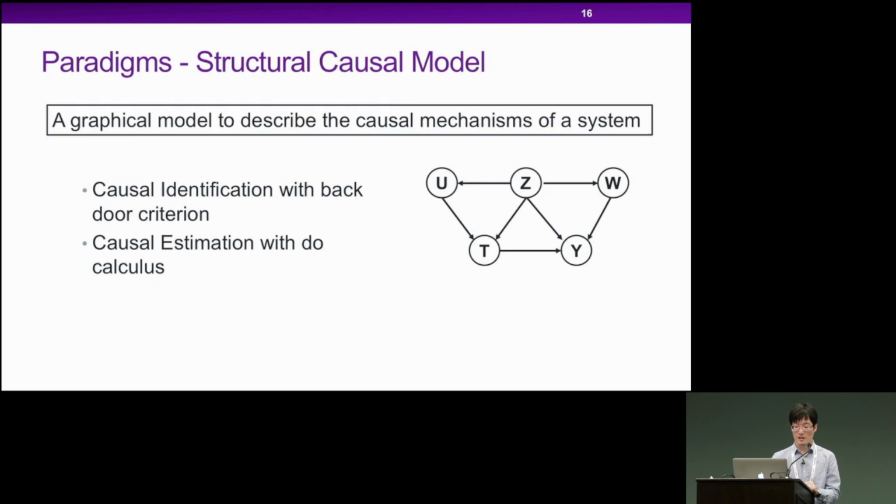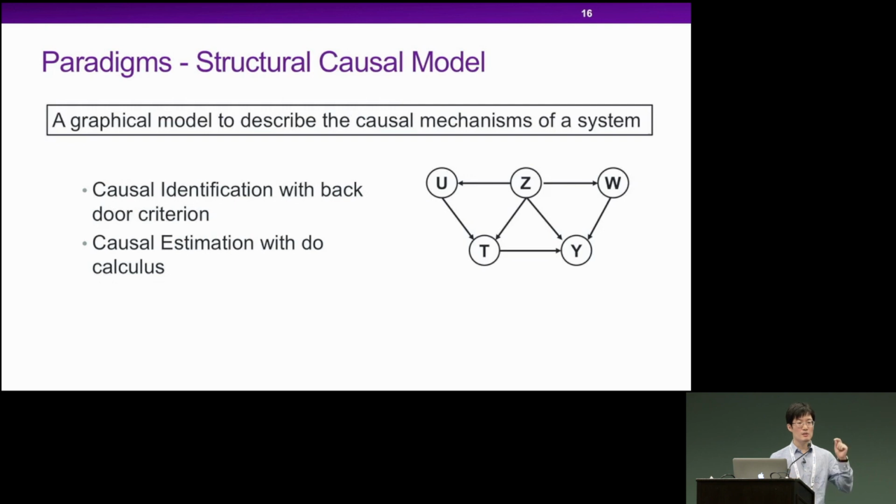The other is, if you want to know the quantity of the causal effect of T on Y, then you can just use the do-calculus to do this kind of causal estimation. You can just imagine this is a data generative model, so all of the generation process has been incorporated or represented by this model.